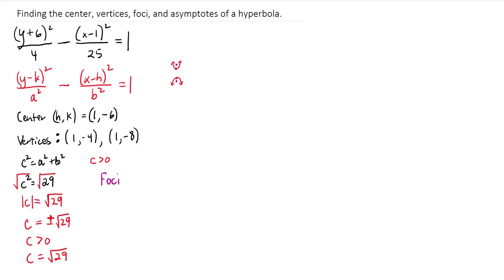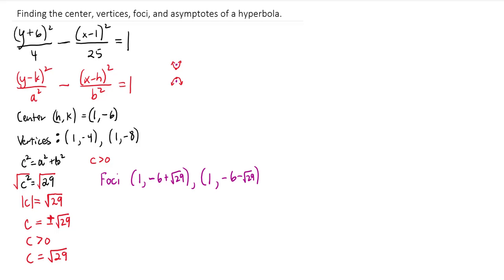From the center, we know 1, and then let's say we go up first: -6 plus root 29. And the other focus point is (1, -6 minus root 29). And so we have the foci.